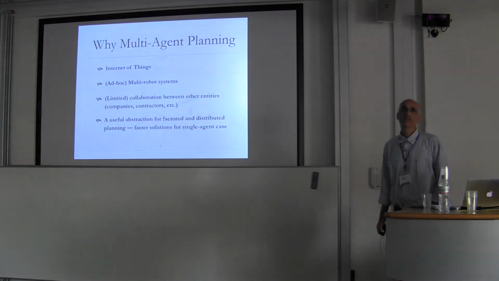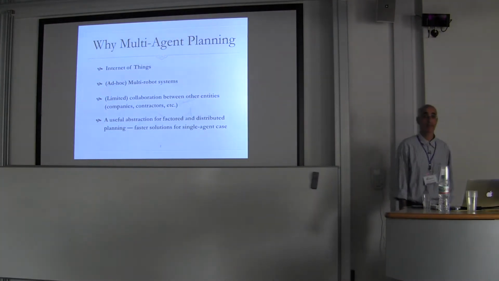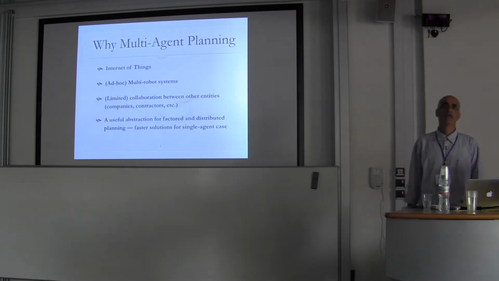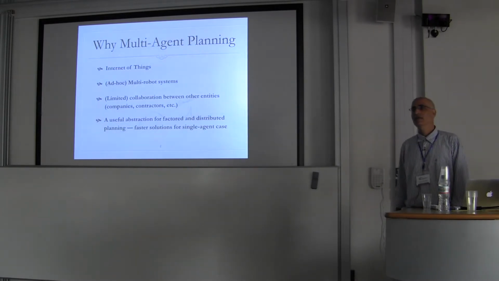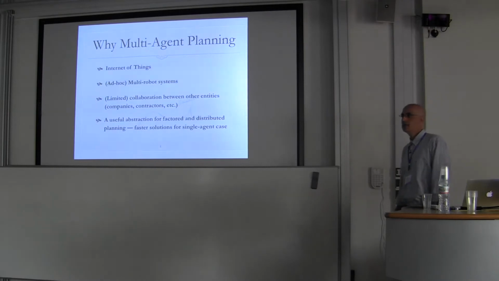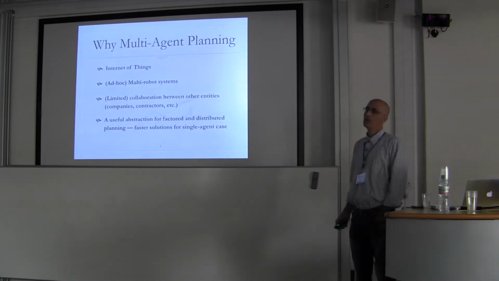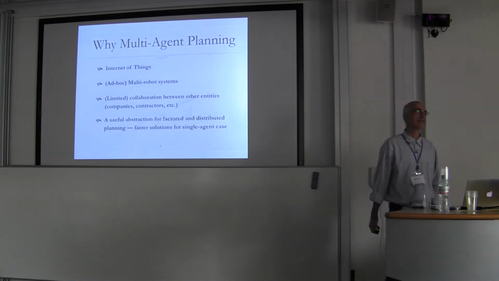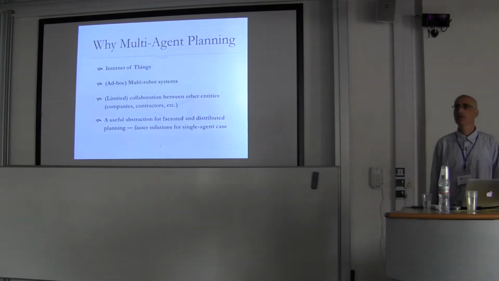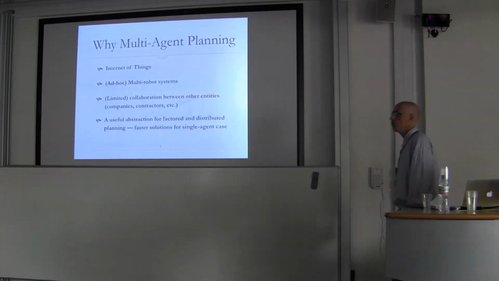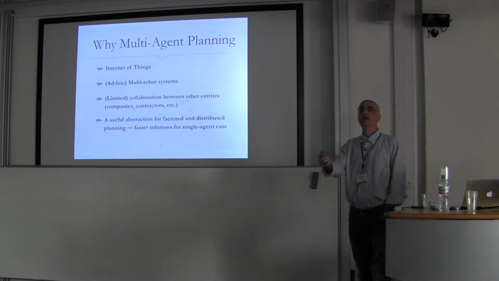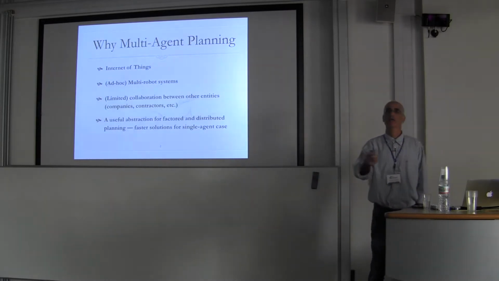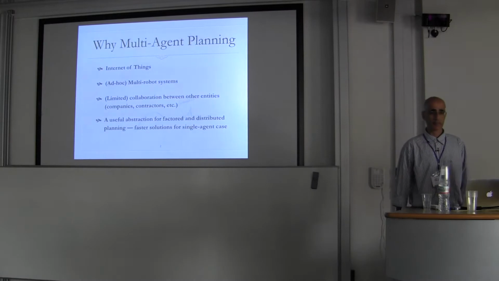So why are we interested in multi-agent planning? You've all heard of the Internet of Things. You have all of these devices connected to the Internet, perhaps in your house, perhaps across different sites, and each of them can do something useful, but I'm sure they can do more useful things if they are integrated in some way and can coordinate their action together.